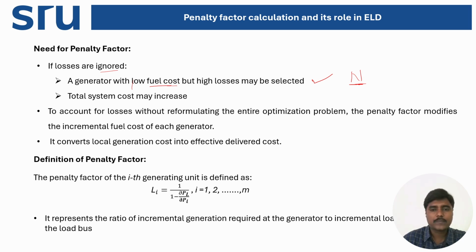Whenever you consider this penalty factor, it is going to modify the equation, and it is going to modify the incremental fuel cost of each and every generator. So it converts local generation cost into effective delivered cost, because when you consider the losses, that is with respect to the delivery. After transmitting power over a long distance through a long transmission network, the power can be delivered. That involves some cost with respect to the power transmission loss also.